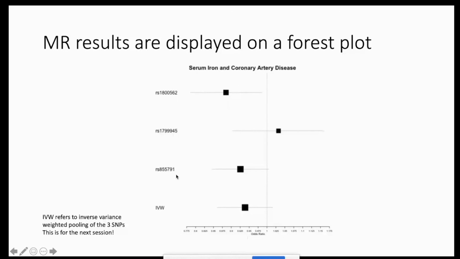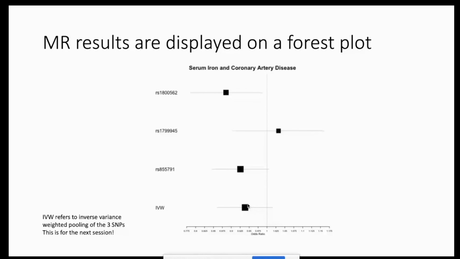However, for other SNPs, this is not the case. This could be quite a common finding, that some SNPs would be associated and others wouldn't. For that reason, we tend to pool these results together using a method called inverse variance weighting. That's to make sure that we're pooling many different results together to get a more accurate representation of the effect of iron on coronary artery disease.